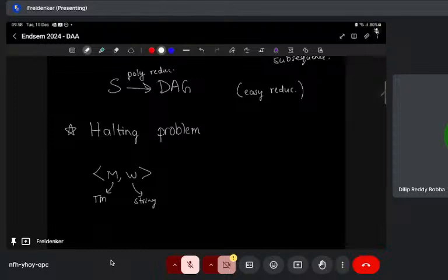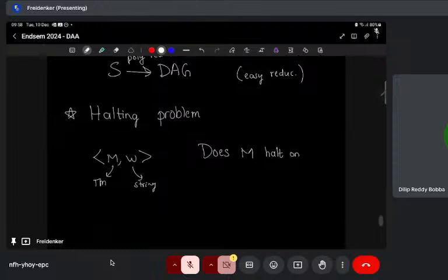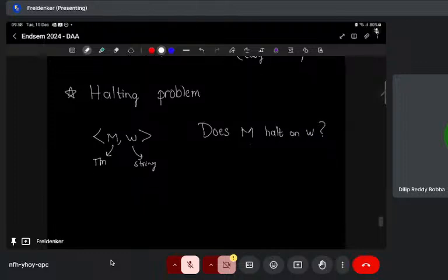But now the question that you're supposed to answer is: does M halt on W? If yes, then you're supposed to accept it. If no, then you're supposed to reject this tuple M comma W. So the question is, is there any machine that does this? Is there any machine that answers this question?